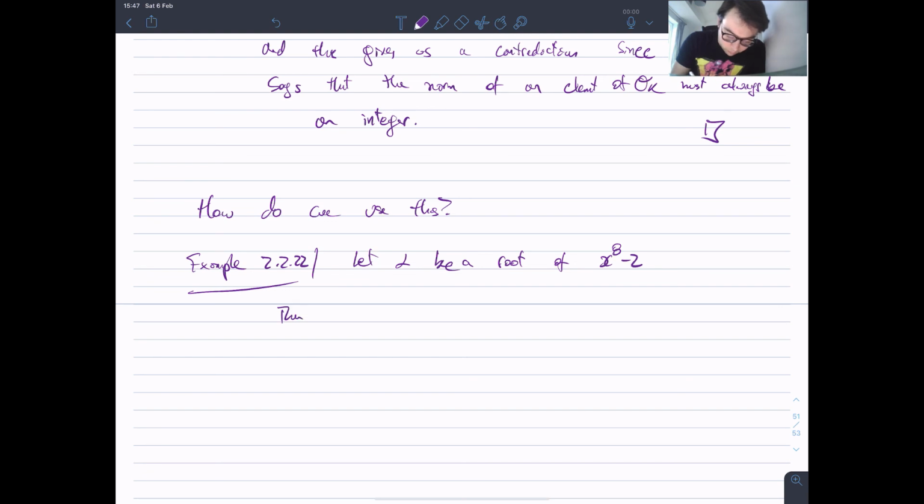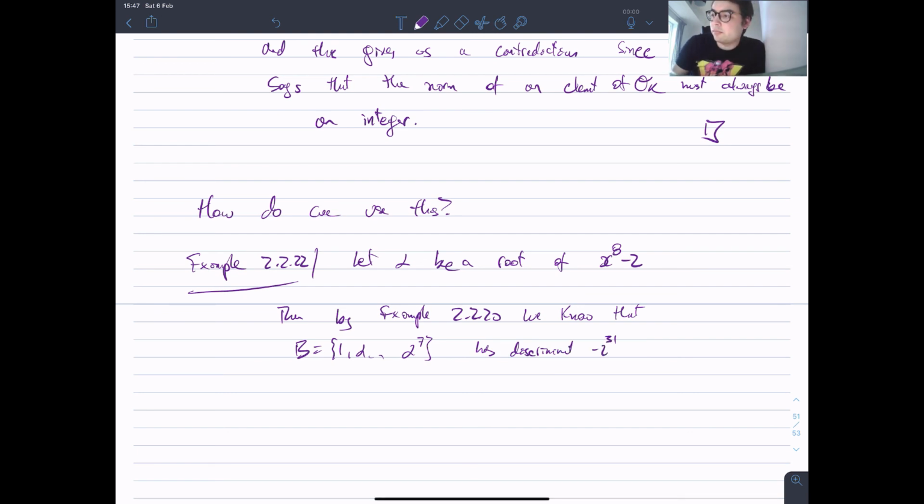Then by the previous time we looked at this example, 2.2.20, we know that this basis, 1 to alpha to the 7, has discriminant 2 to the minus 31. So we only need to check.